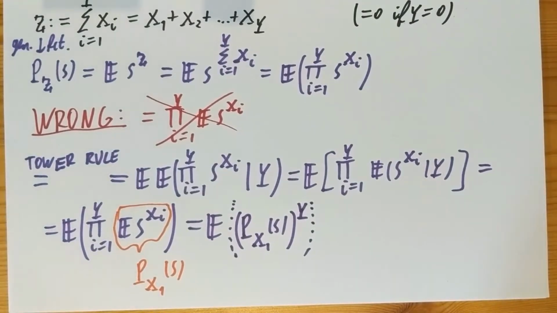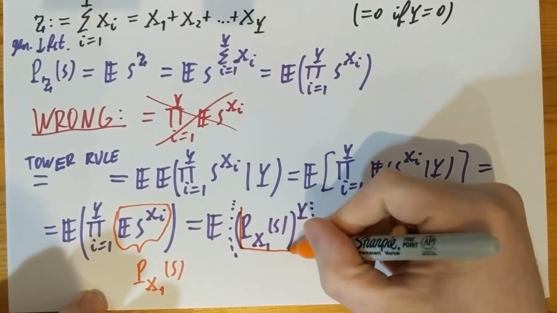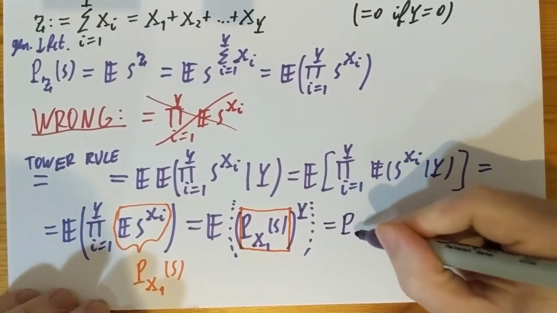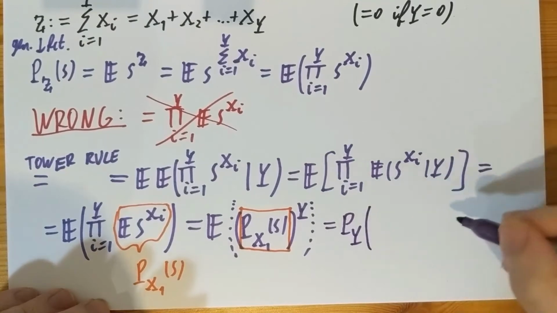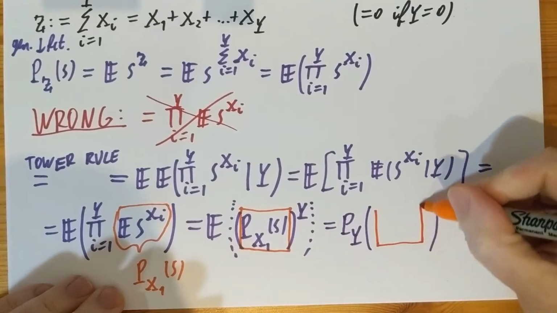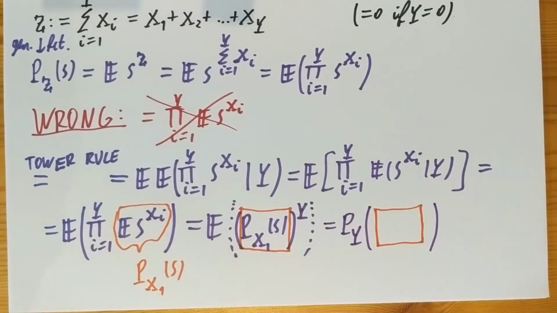Okay? And finally, notice that p of x1 of s is a generating function. It's easy to check that for s between 0 and 1, this is a number between 0 and 1. I can raise this object here, this orange object, to the y power and take an expectation with respect to y. What is that? Well, that's the generating function of y itself at the orange object, at whatever I saw inside here. And what is the thing I saw inside there?